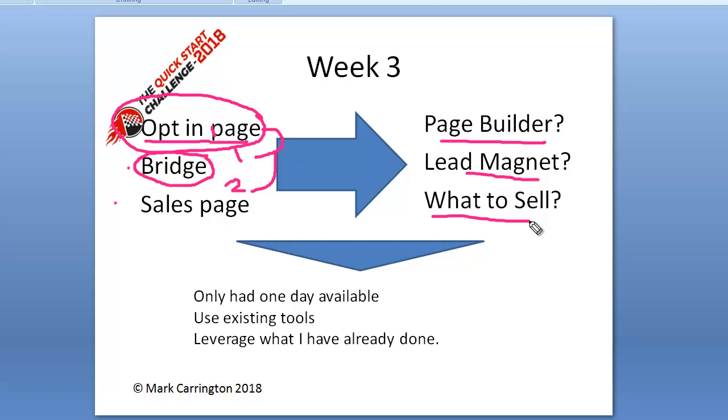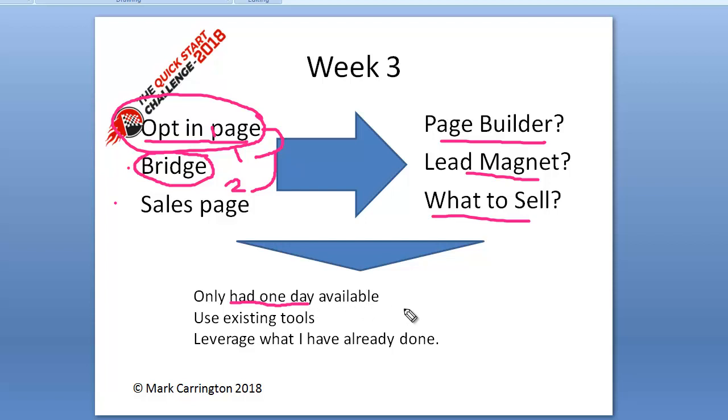Now, the complication for me is that we got this challenge on Thursday morning my time. I only had one day available. The Friday was my wife's birthday and also our wedding anniversary, and we were planning to go away for the long weekend public holiday on Monday here in Australia, or in New South Wales.